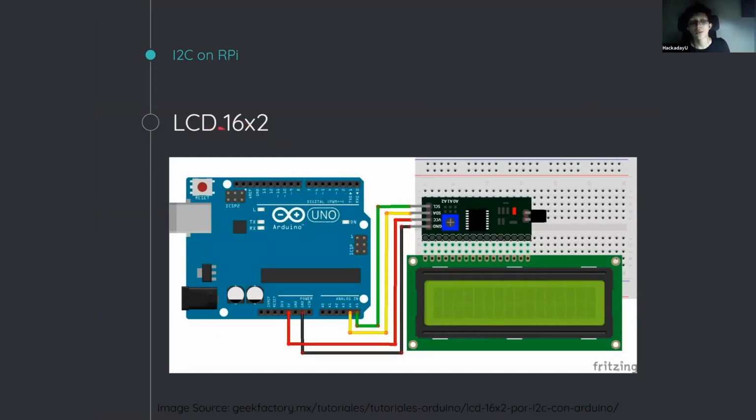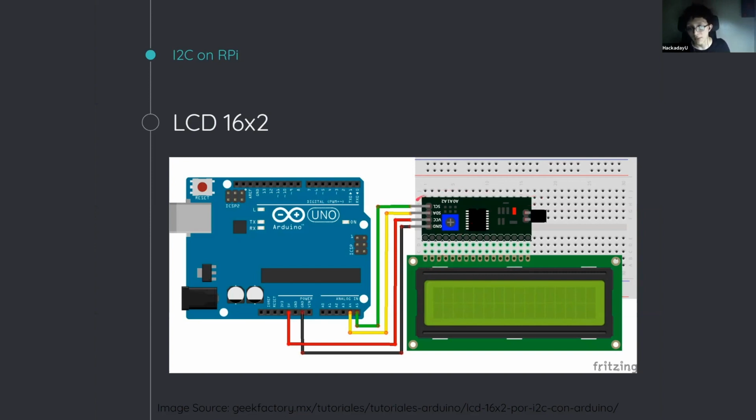The LCD that we got is supposed to be an I2C. These pins should be connected to this board. If you ever worked with Arduino, you know that there's a way to connect the LCD to an Arduino, connecting each one of these pins.